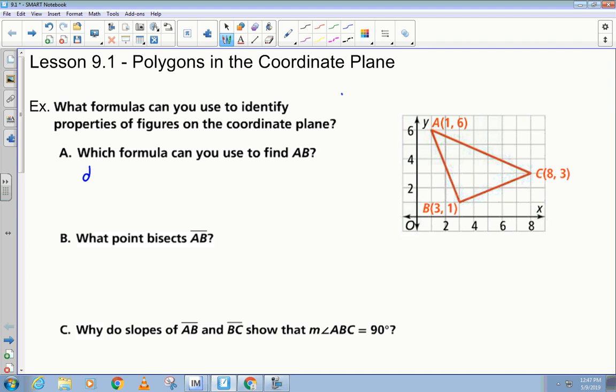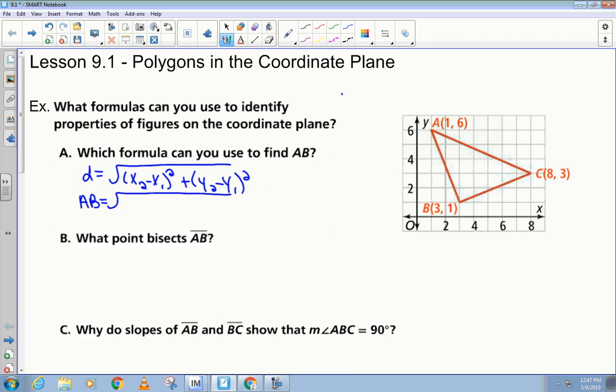Okay? And remember, your distance formula is the square root of x2 minus x1 quantity squared plus y2 minus y1 quantity squared. So if I wanted to find the length of AB, it doesn't matter which one's x1, which one's x2, as long as you're consistent with what you do.